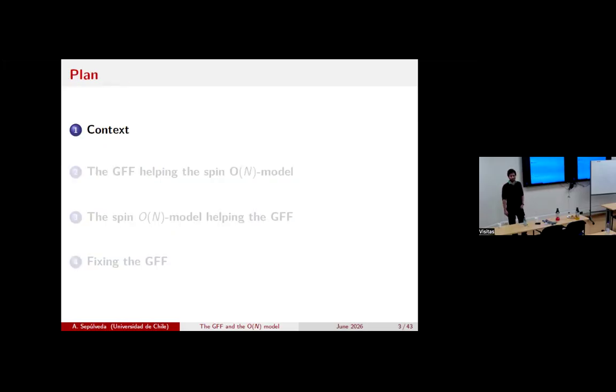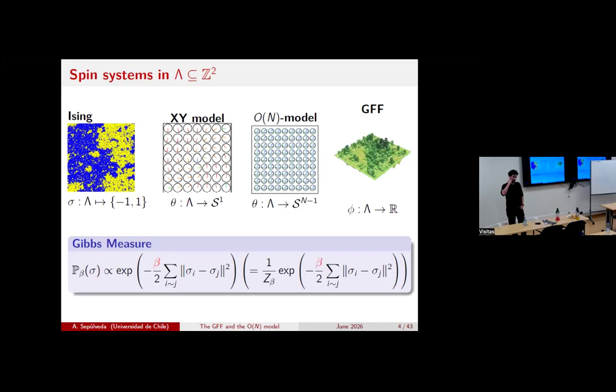So we start by discussing spin systems. Spin systems are a random function from the vertices of a graph to something, let's say a group in our case. They can take different types of values.